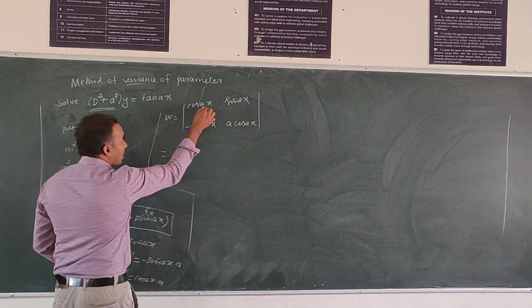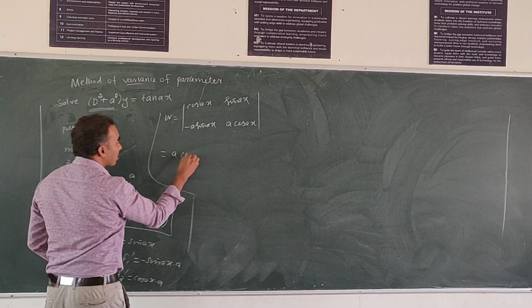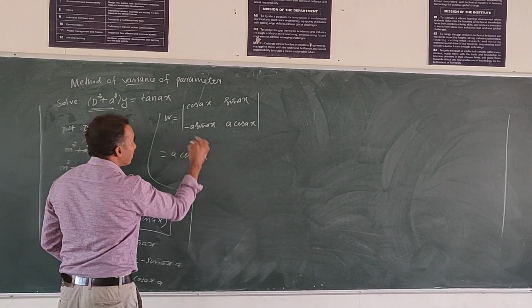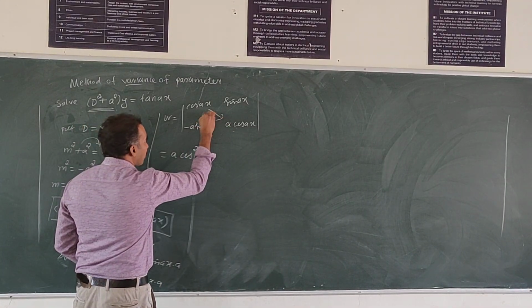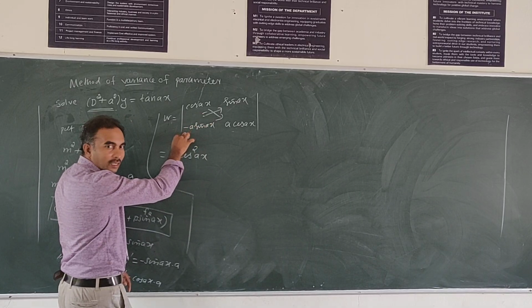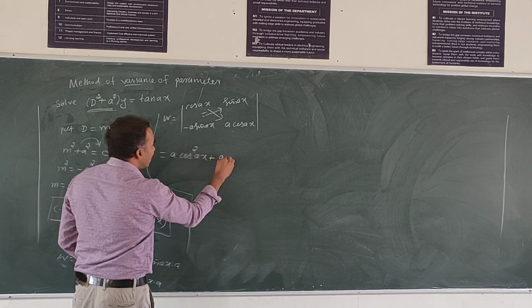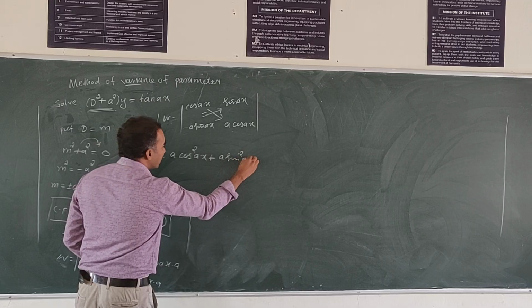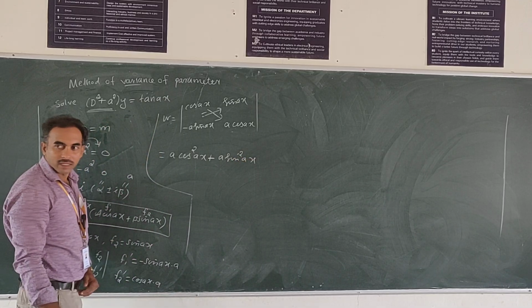Multiply these two: a cos² ax, minus into minus is plus, plus a sin² ax.